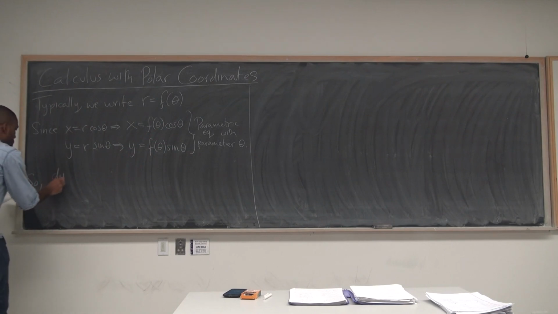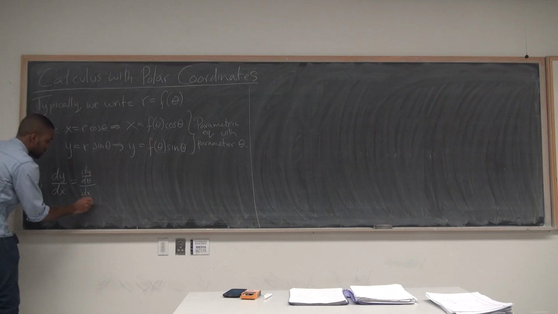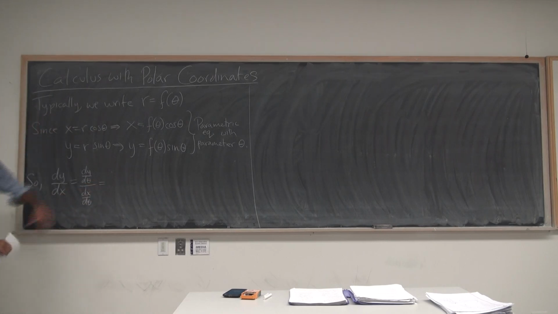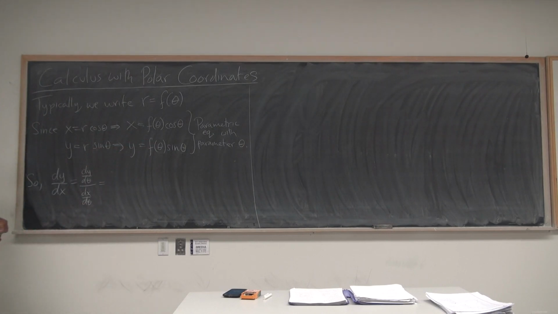So for example, if I ask you about the derivative dy/dx, well, from parametric equations, I know that this is dy/d theta divided by dx/d theta, right? Which gives me the following. I just do the product rule for x and the product rule for y, and put them on top of each other.